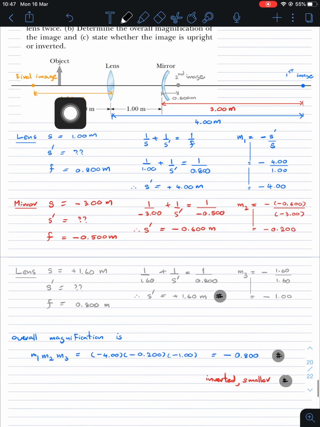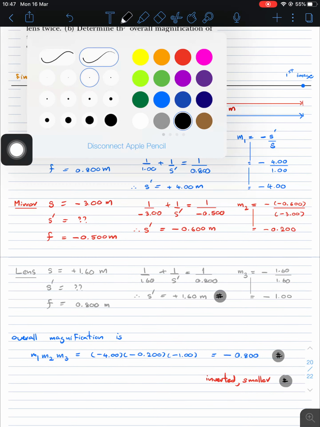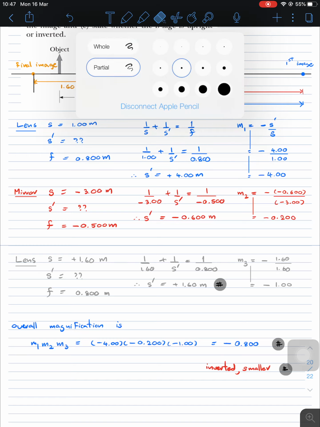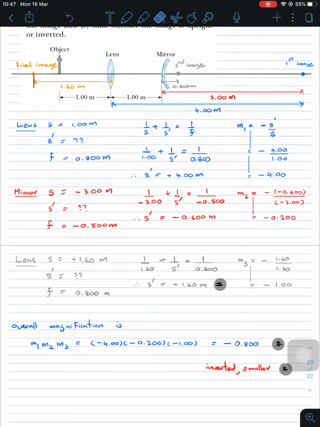If we go back to this picture, we can draw it inverted and smaller by 0.8. If this one is 1, then it should be less than like this. This will be the image, and that's it. So this will be the final image.